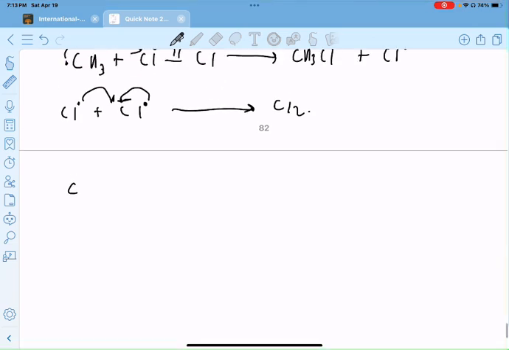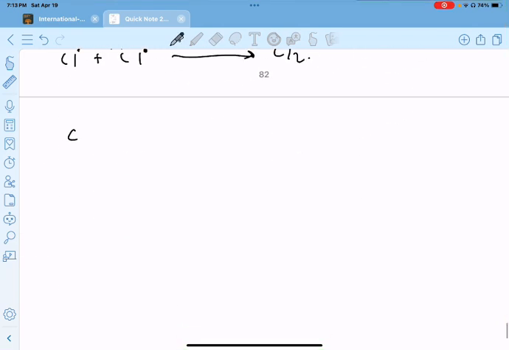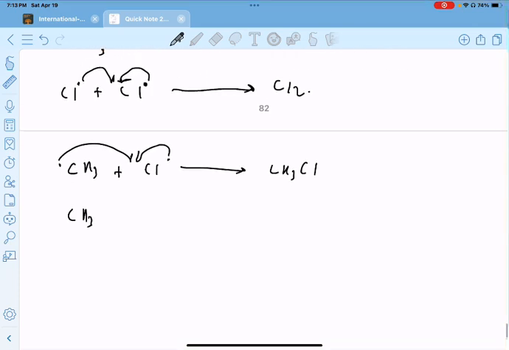Or full arrows, that doesn't matter. But again, the thing that matters the most is the chlorine is half curly arrows, okay? CH3 plus Cl. This is the last termination step, and it will combine here to form CH3Cl, okay? There is one more termination step, CH3 with another CH3 free radical to form C2H6, okay?